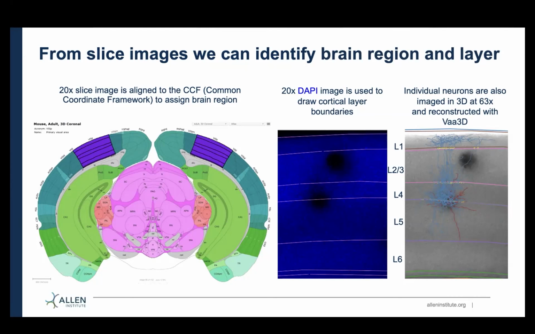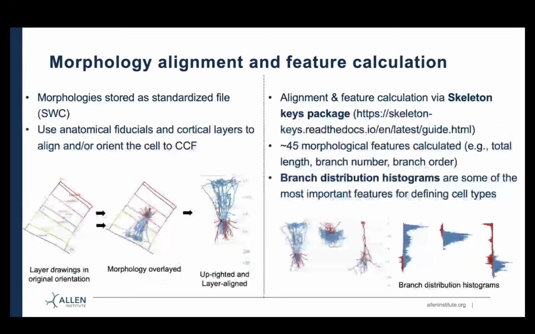And then finally, important for morphology is that individual neurons are also imaged in 3D at 63x to get a higher resolution image for reconstructions. And then we use freely available Vaa3D software to reconstruct our neurons. If you go to the next slide, that'd be great.